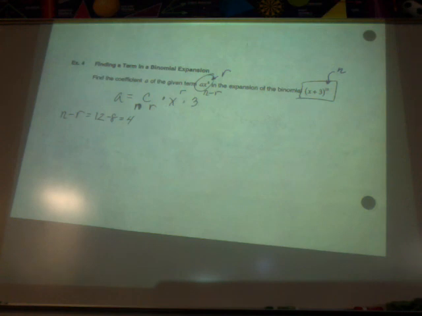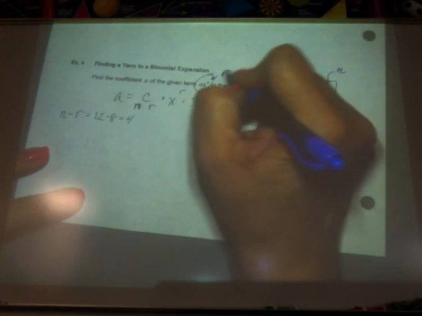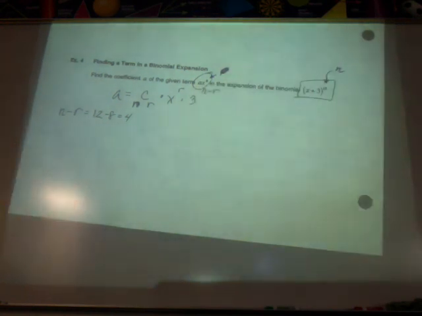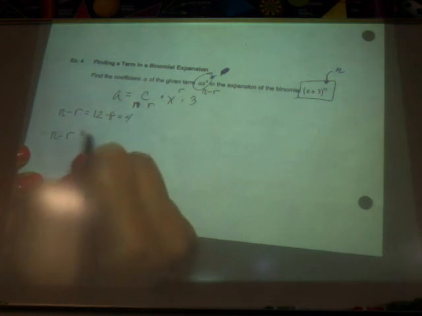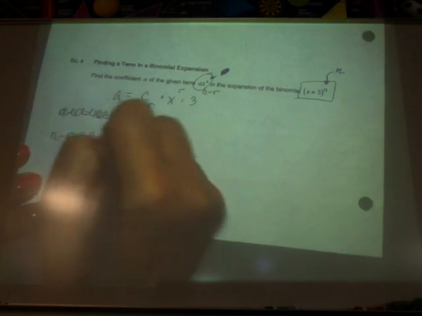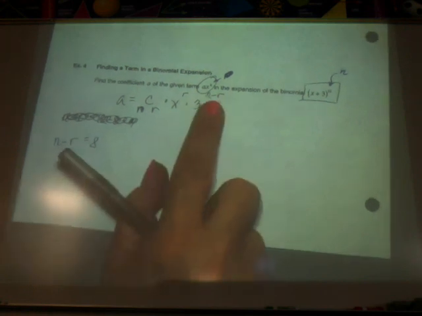Oh, well, I take that back. This is not our r. I lied to you. It's n minus r that is actually equal to our 8. Did I say that right? Yes. So erase this for a minute. I was trying to think of what I wanted to write there, and I didn't write that correctly.